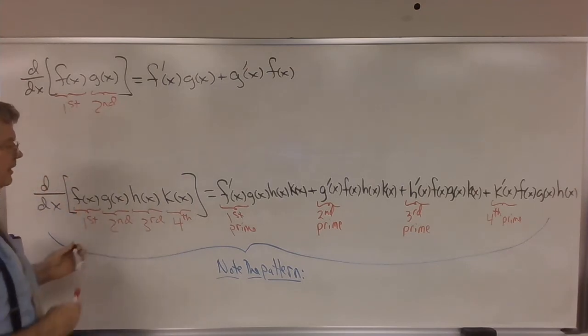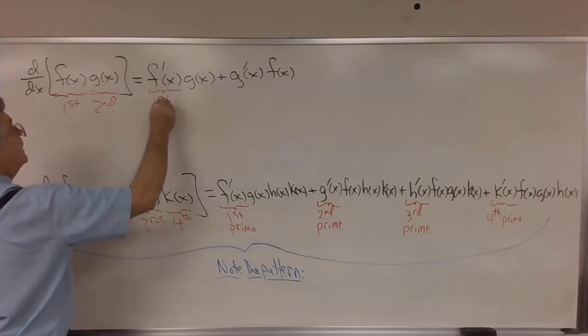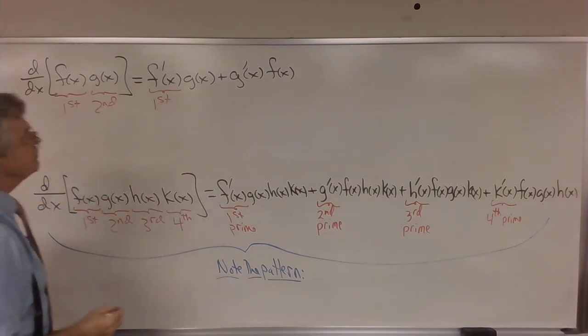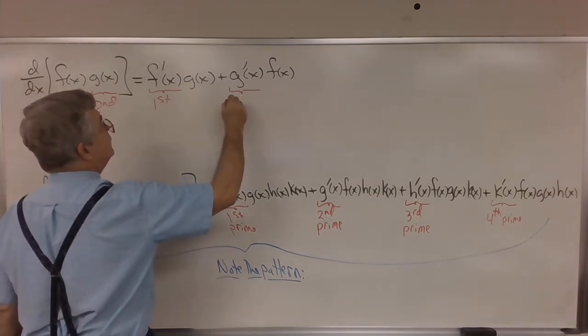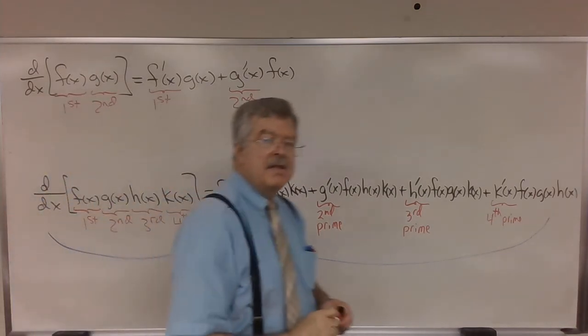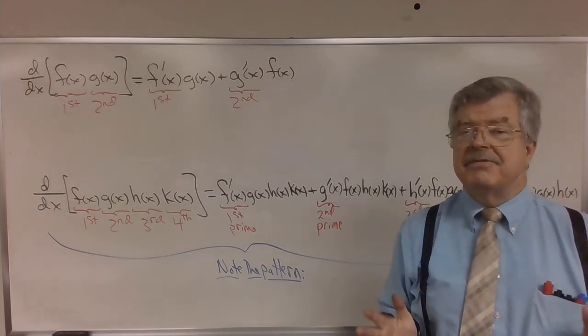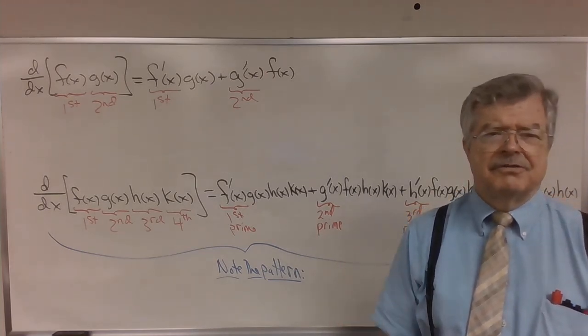Now, how does that work out? It's first prime times everything else plus second prime times everything else. So that's actually the pattern that we use even for the derivative of the product of two functions.